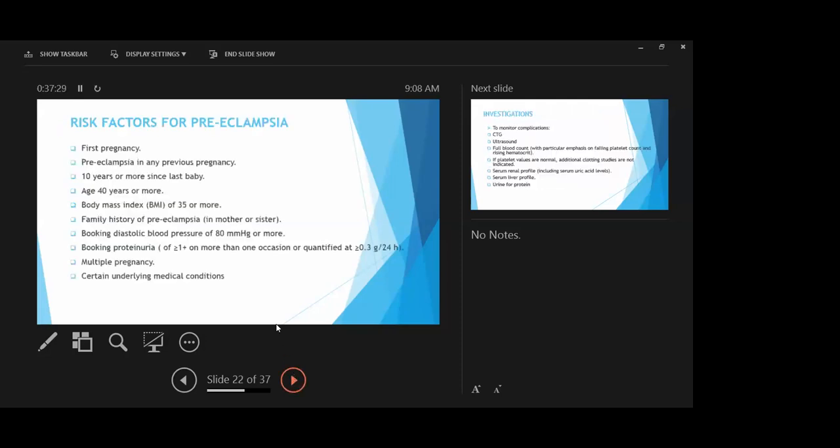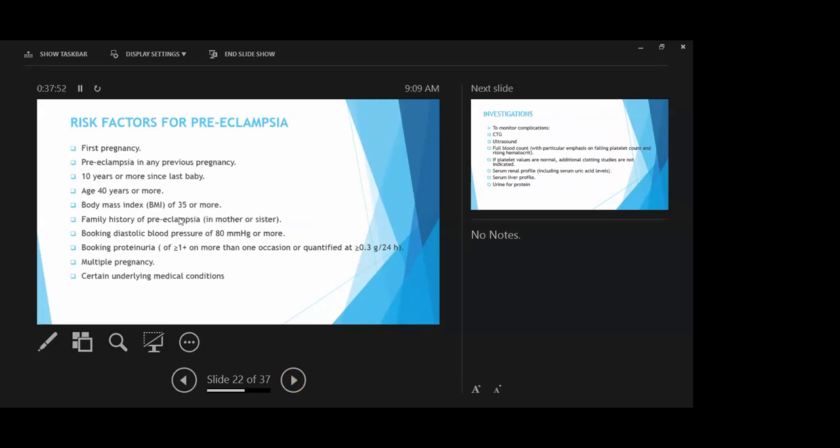Risk factors for pre-eclampsia are the first pregnancy, pre-eclampsia in any previous pregnancy, if the patient has a 10 years or more gap from the last baby, if the patient is 40 years or more, if the BMI is 35 or more, if the patient has a family history, which increases the risk up to 4 to 8%.